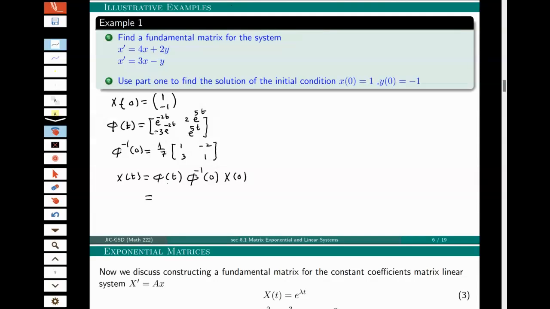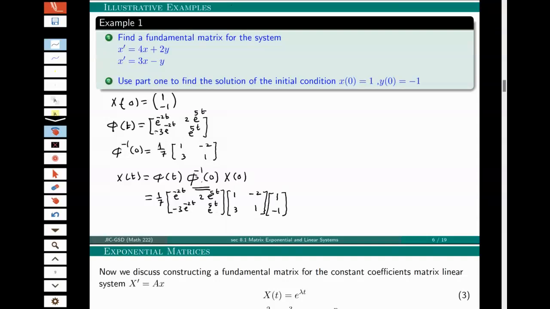So we will have 1 over 7, which is the constant number that comes from the inverse, times the fundamental matrix, e raised to the power minus 2t, 2e to the power 5t, minus 3e to the power minus 2t, and e to the power 5t, times 1, minus 2, 3 and 1, times x naught, which is given to be 1 and minus 1.